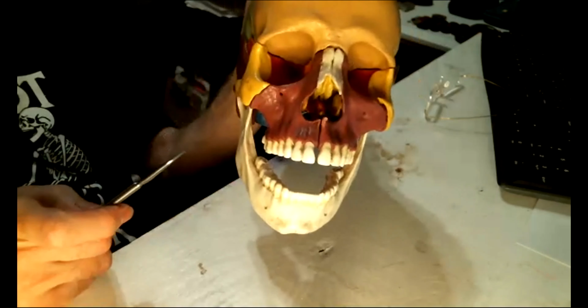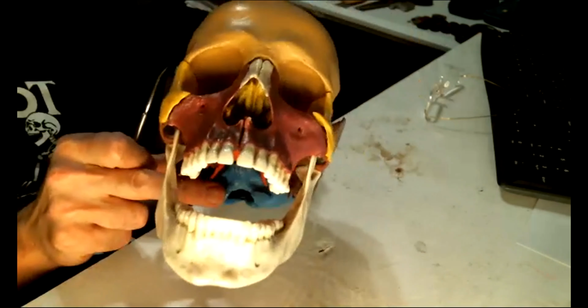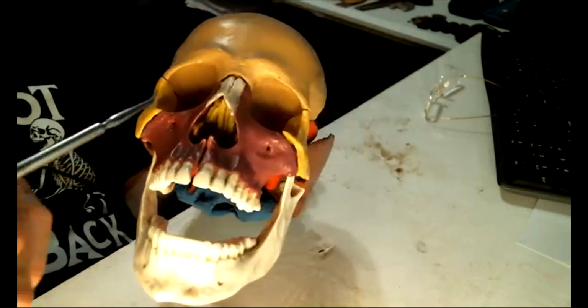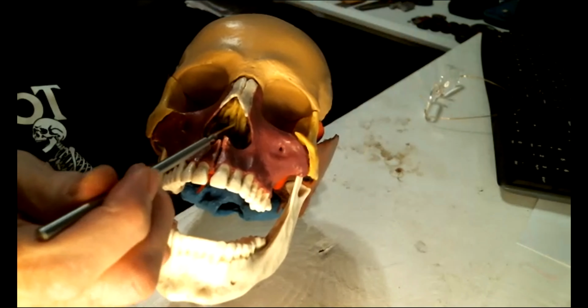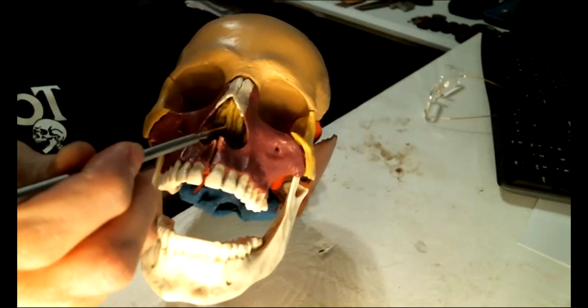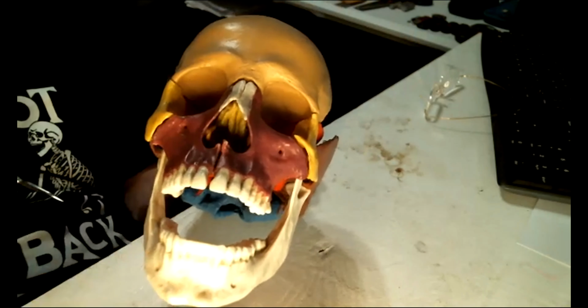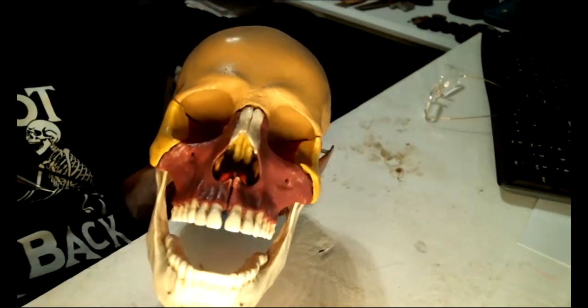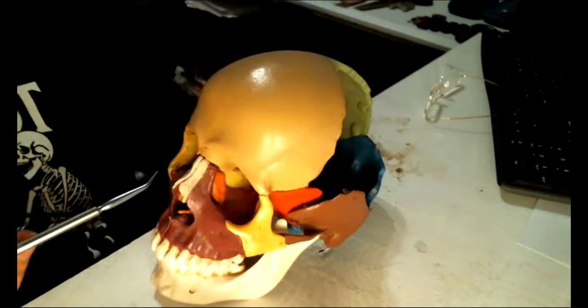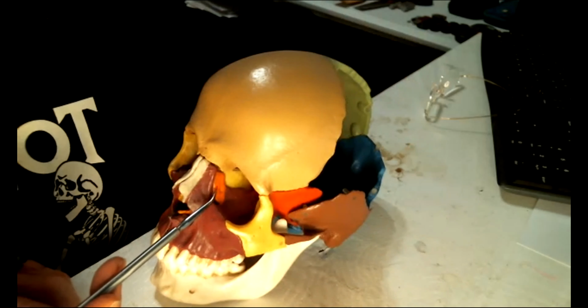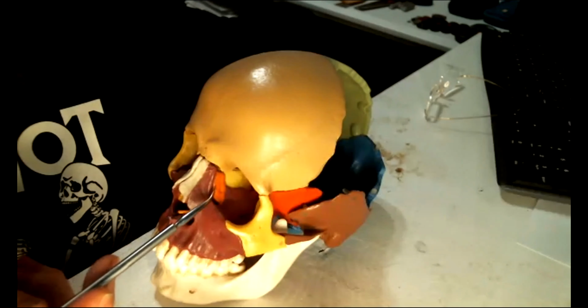Okay. Now, if we look inferiorly up through the nasal passages here, we can see the ethmoid bone. There's only one ethmoid bone in there. Okay. And then we have the lacrimal bone. That little orange bone in here, the lacrimal bone.